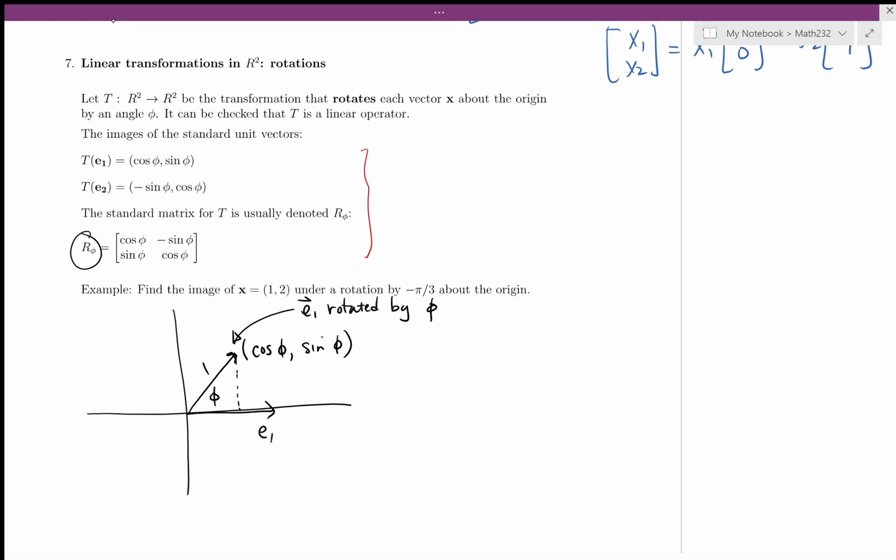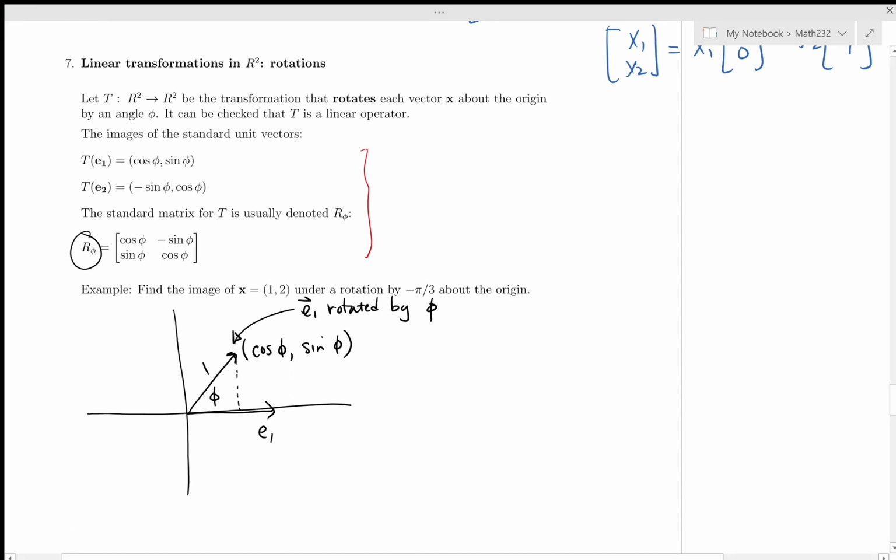Then I look at the same thing for E2. I draw E2. I rotate E2 by phi. And there is E2 rotated by phi. So this is E2, the second basis vector in R2. We rotate it by phi, and we see where does it go, and we identify this point right here and this vector as minus sine phi, cosine phi.